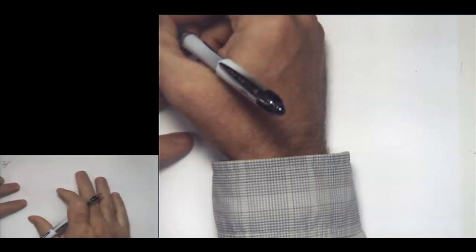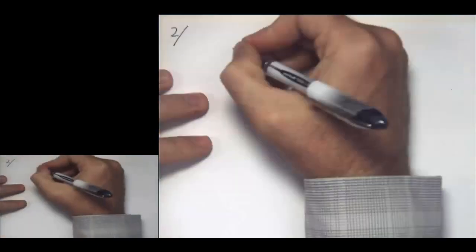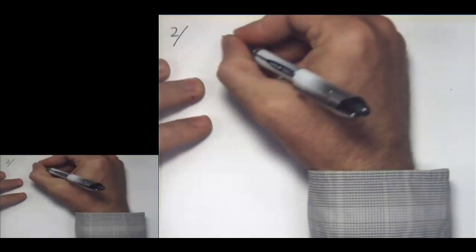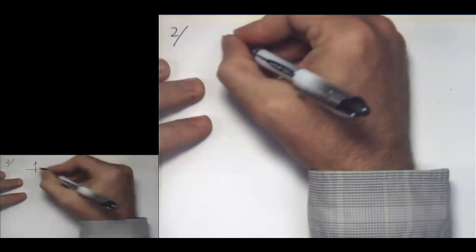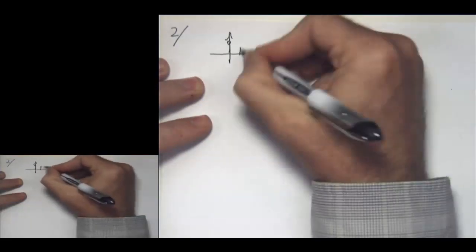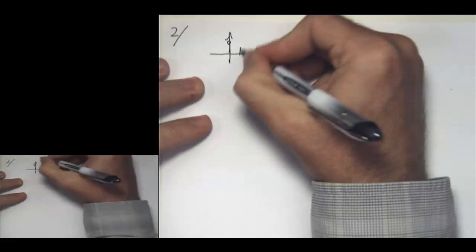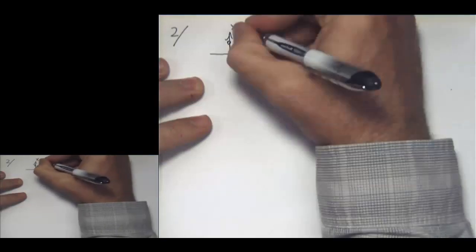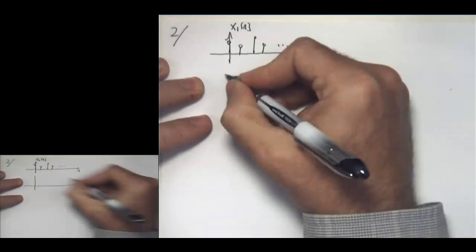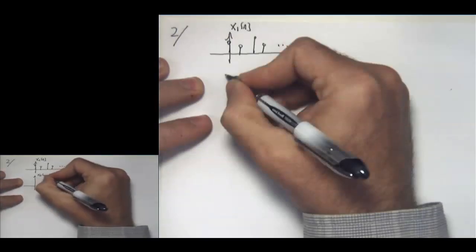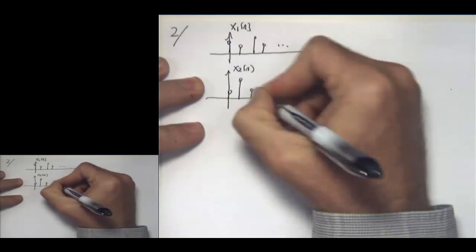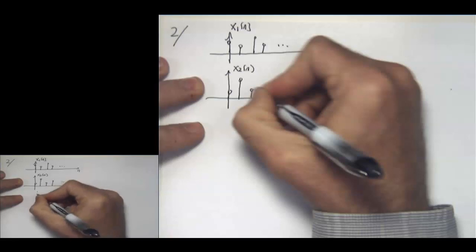So let's say that this is a discrete time signal. This might be realization x1 of n, and this might be realization x2 of n, and so on.